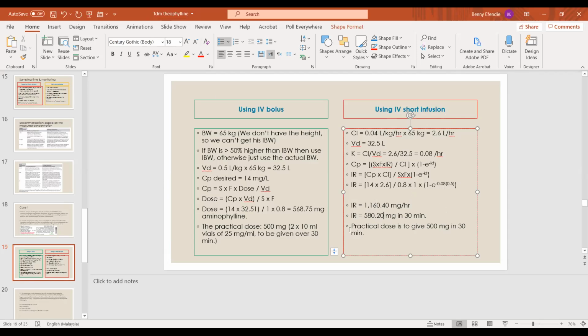So by right, 568 and 580, it is only about 10 to 12 milligram different. So that's why in clinical kinetics we don't use this one, because this is much more tedious. We just use the IV bolus because it's easier. Understand or not?